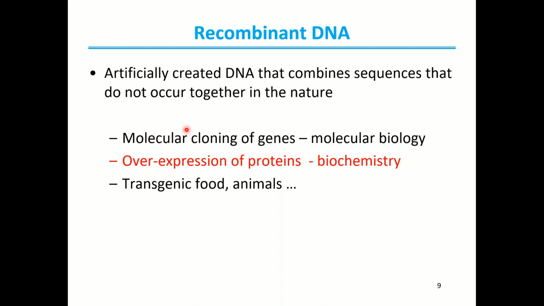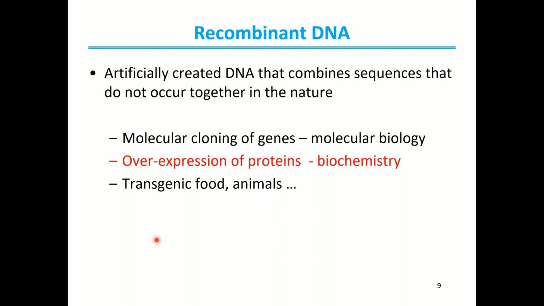And what is this done for? Well, cloning of genes, overexpression of proteins. You can also, in industry, make food that has different genes in it. The only example I can think of off the top of my head is tomatoes that have certain salmon genes in them to make them grow better in colder temperatures.